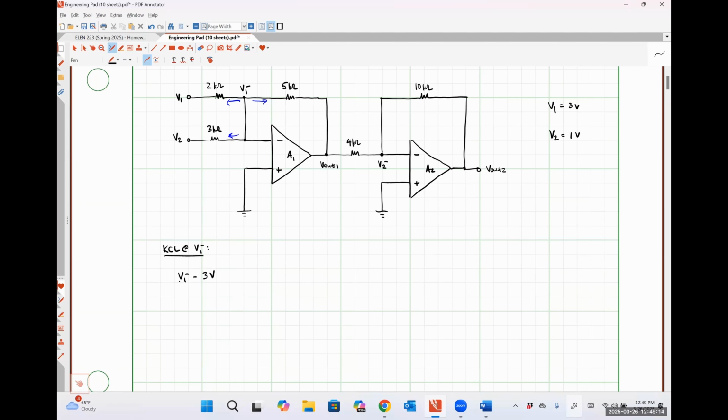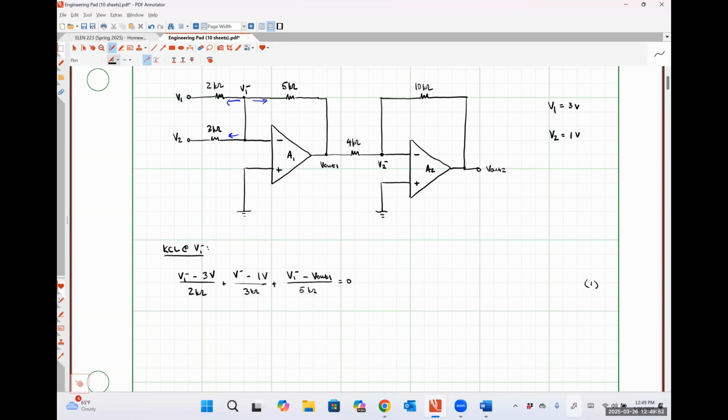So I'm just going to put in 3 volts there, divided by 2 kiloohms, plus V1 minus V2, which I told you is 1 volt, divided by 3 kiloohms, plus V1 minus V out 1 over 5 kiloohms is equal to 0. So we've got one equation there.